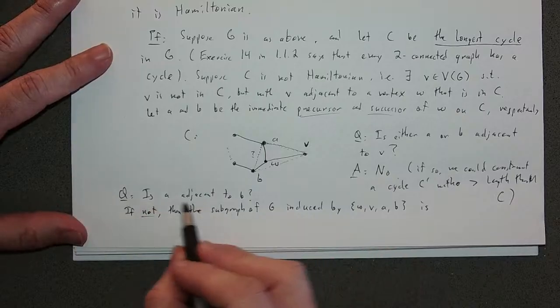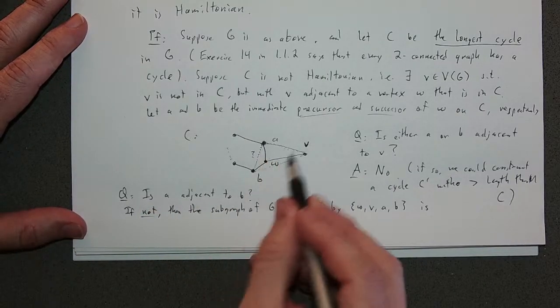So if A is not adjacent to B, what does this induced subgraph look like?